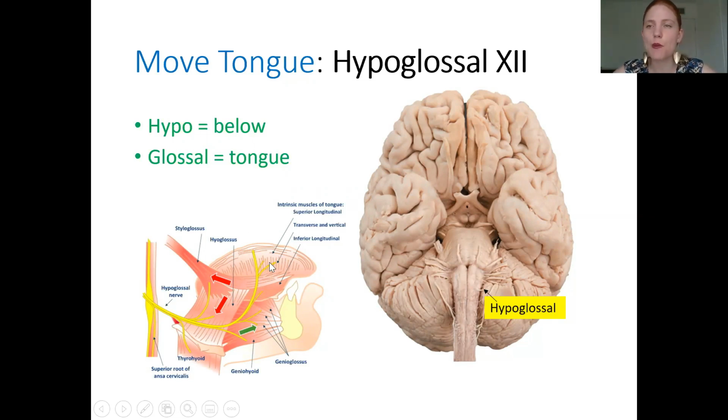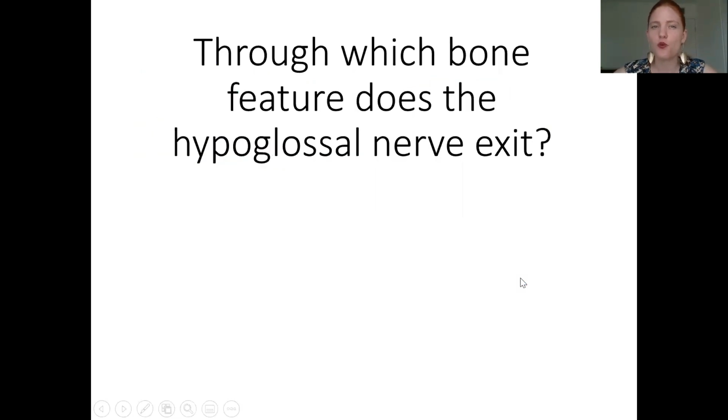So remember, this would be motor responses, not sensory information. The hypoglossal nerve just moves the tongue, but it doesn't bring any taste information to the brain. Now, we've seen this word hypoglossal before. Which bone feature does the hypoglossal nerve exit through?